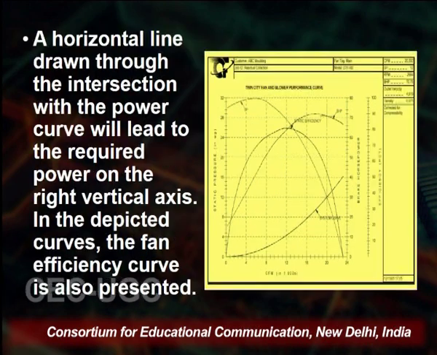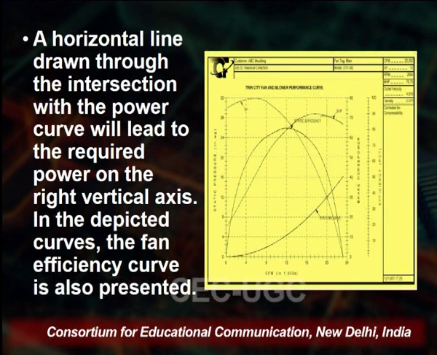A horizontal line drawn through that intersection leads to the required power on the right vertical axis, and in the depicted curve the fan efficiency curve is also presented, so we can find out the fan efficiency.